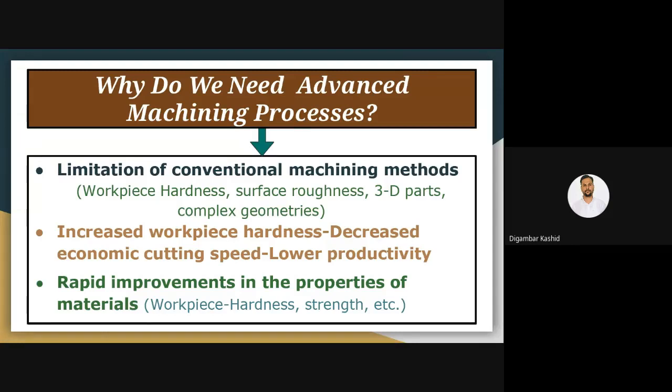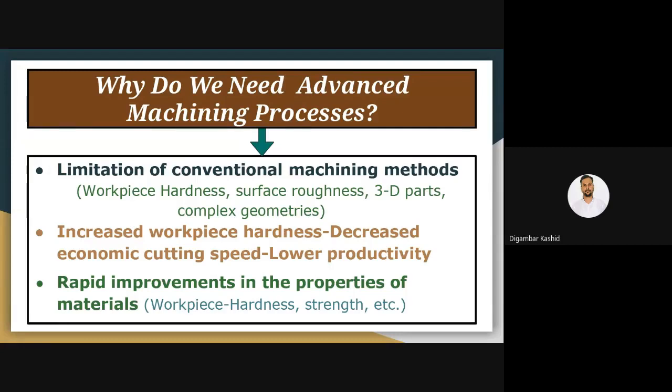These types of materials are also used as workpiece material. So again the question arises, how can we go for machining of these types of materials? Now, as I have told, the question arises how you can machine them, means how you can perform the operation, how you are going to remove the metal.